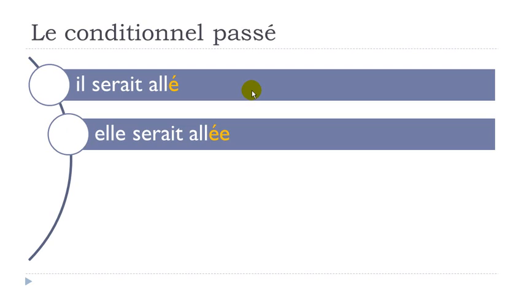But then, if we look at the feminine form, elle serait allée, you will have to add this e at the end, okay? Remember, in most of the cases, when you have to add something, it's the mark of the feminine. Okay, so elle serait allée, okay? But then phonetically it doesn't exist, all right? So it's allé here and then allée here, the way you pronounce it. But if you want to write correctly, you should put it.